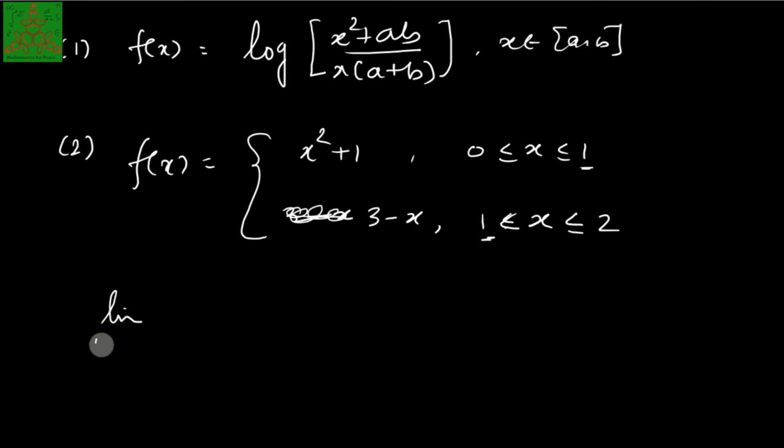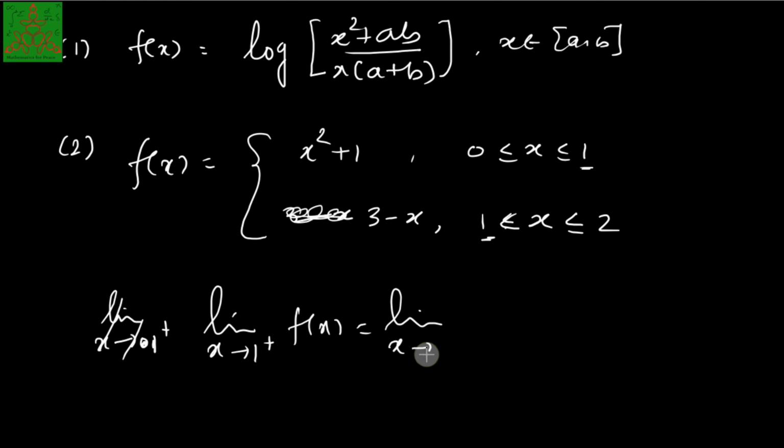So for that you need to calculate the limits. Limit x tends to 1 plus of f of x: here f of x is x square plus 1, which will give 1 plus 1, which is 2.